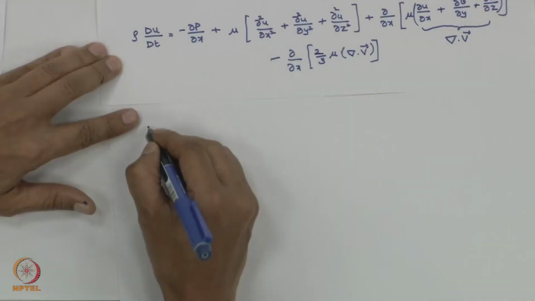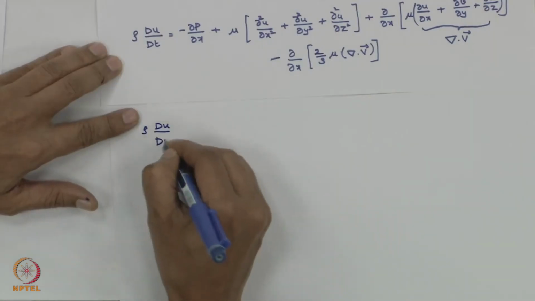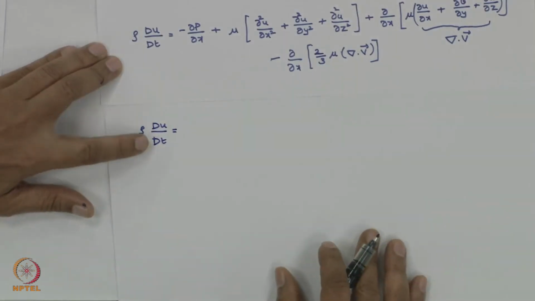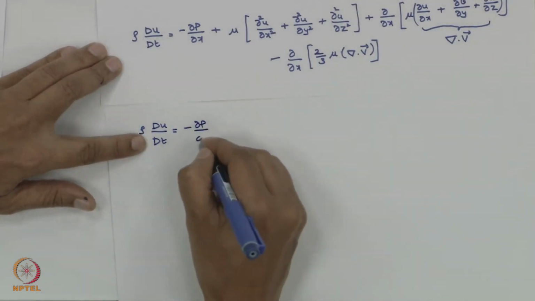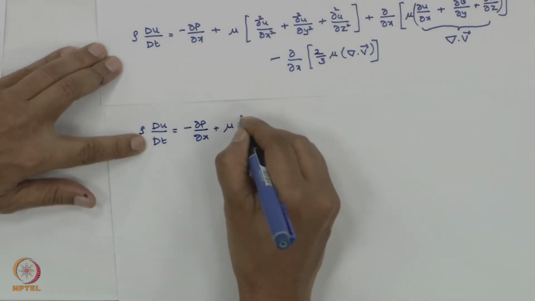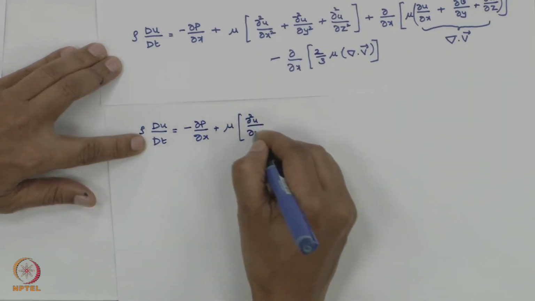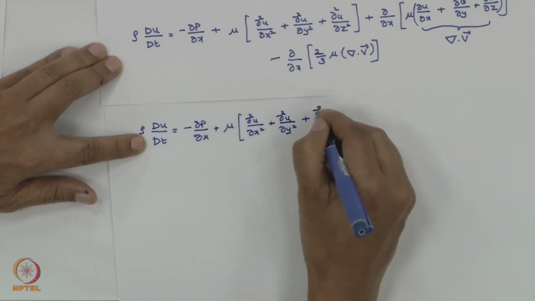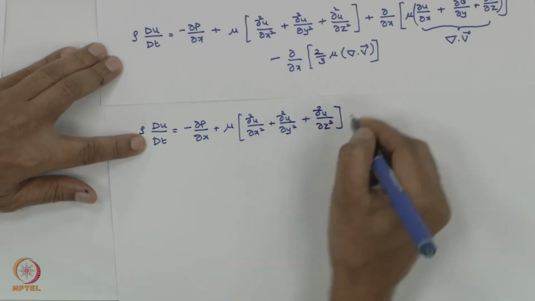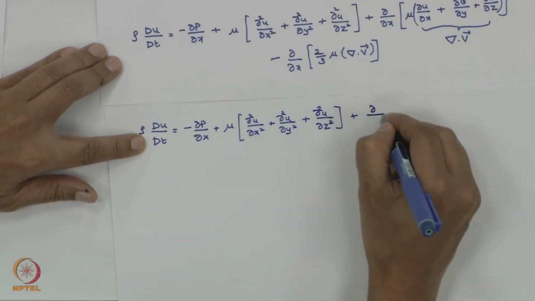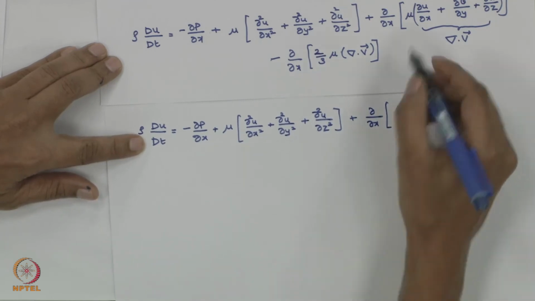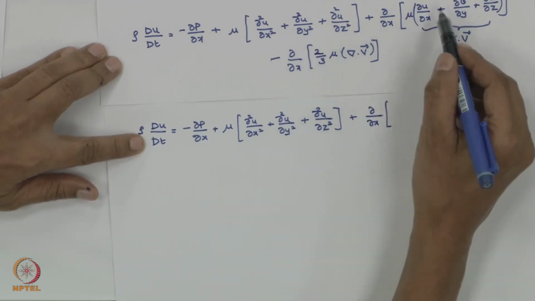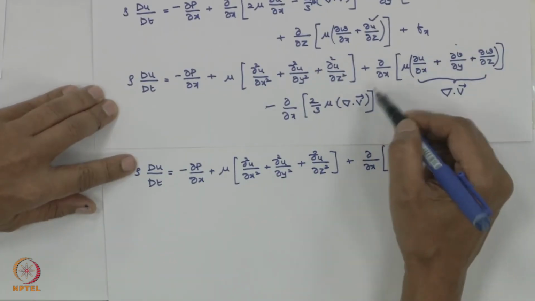Let's do that. So what do I get is rho du by dt is equal to minus del p by del x plus mu times del squared u by del x squared plus del squared u by del y squared plus del squared u by del z squared, plus del by del x of mu by 3, that is, as I said, 1 minus 2 by 3 is 1 by 3.